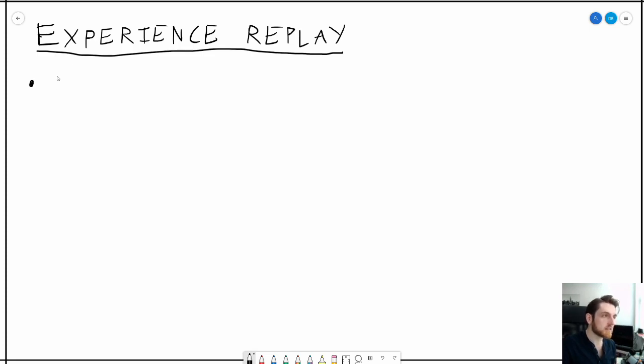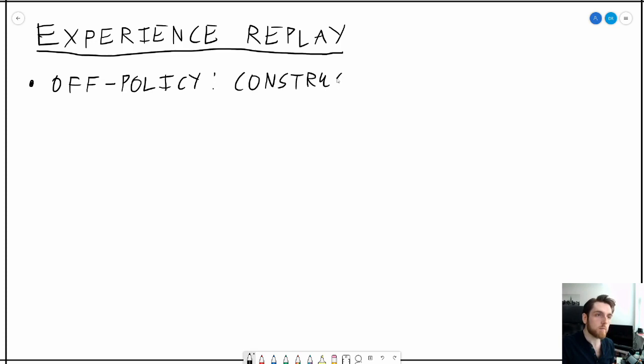So this is clearly off policy because we're using past experiences that weren't necessarily generated by the current policy. And as I said, we construct estimate with past experience.